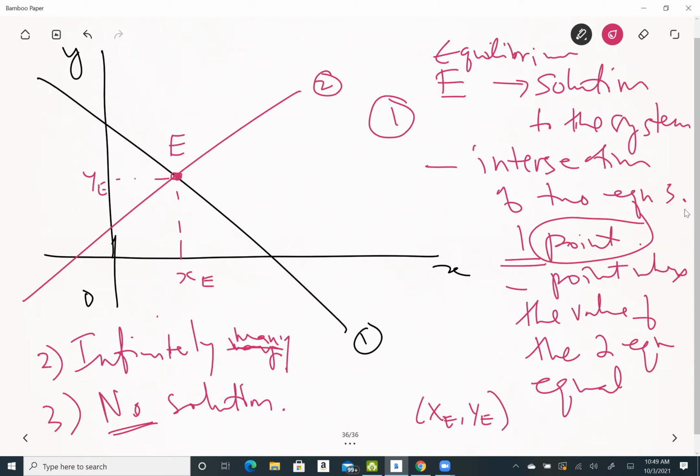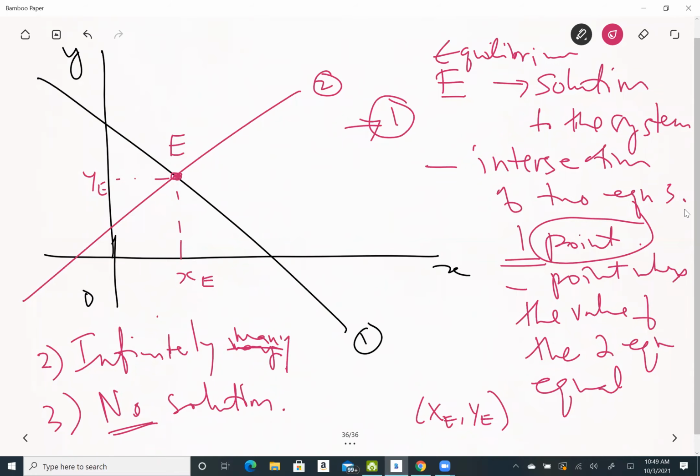I want you to look at just case number 1, one example where you have one point. The solution is one point. Now, I want you to draw for me. Just sketch like what I'm doing.